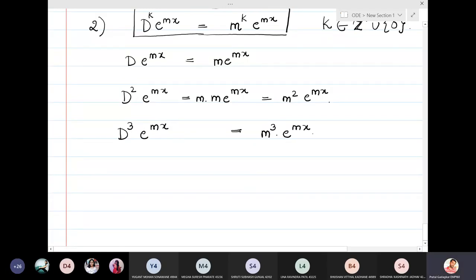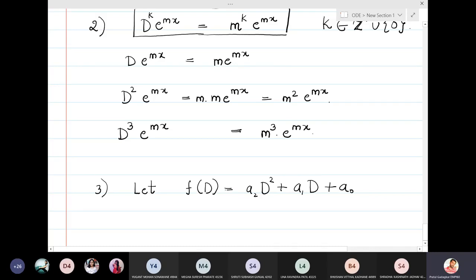Now what I will do is I will take a polynomial. Let f of D be equal to, now see, all of you see this is very easy. Let me take an operator which is f of D. Let me put a2 D square, a1 D and a naught.